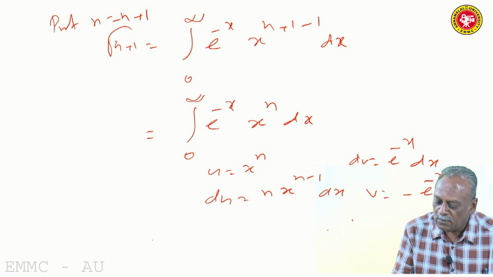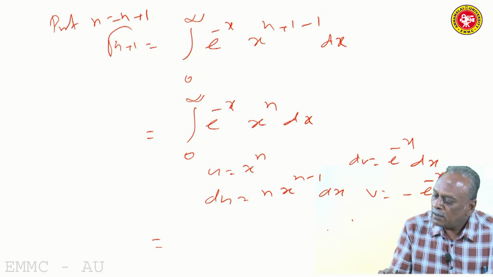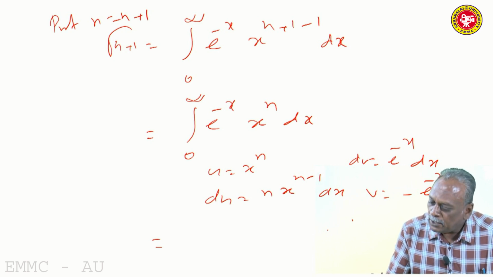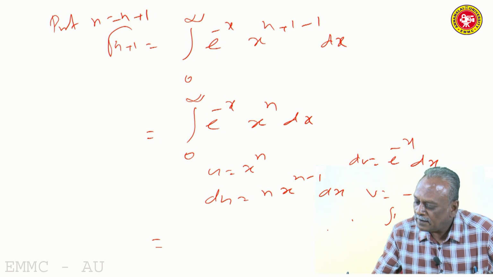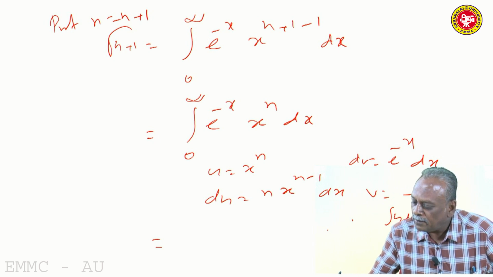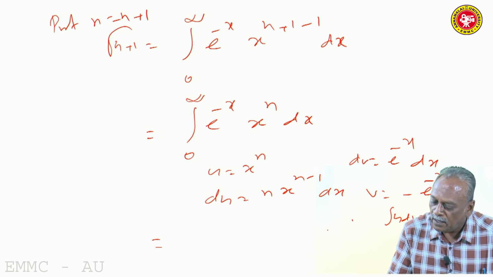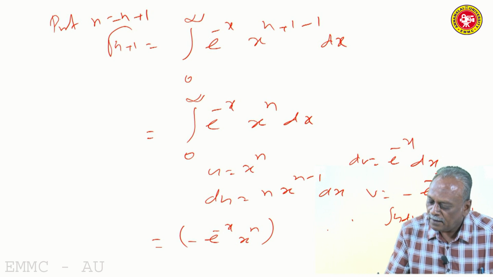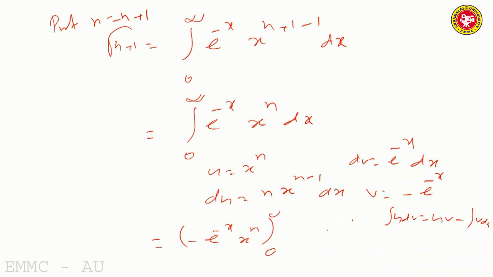Now we use the formula integral u dv equal to uv minus integral v du, so we get minus e power minus x, x power n from 0 to infinity, minus integral 0 to infinity of minus e power minus x into n x power n minus 1 dx.